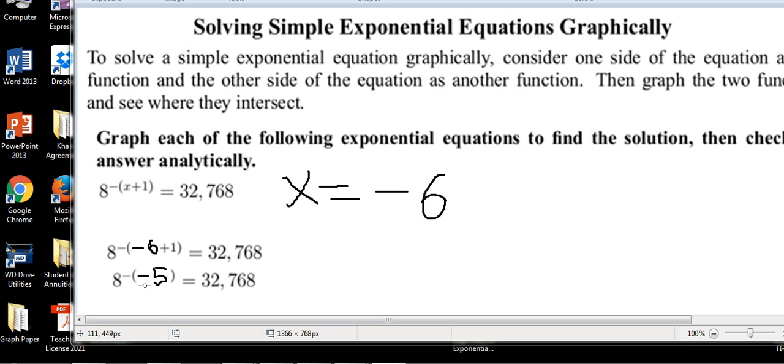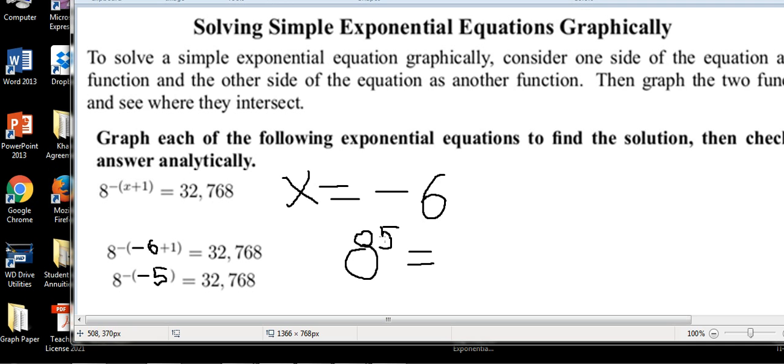So a negative times a negative is a positive. So now we're going to have 8 raised to the 5th power equals 32,768. Let's take a cheat.